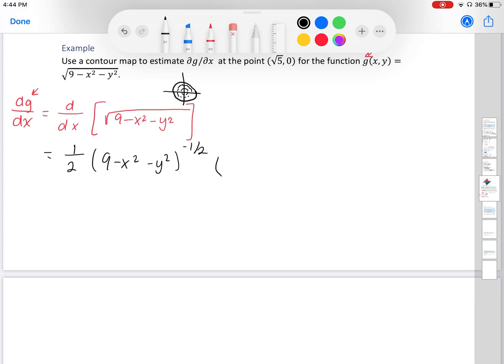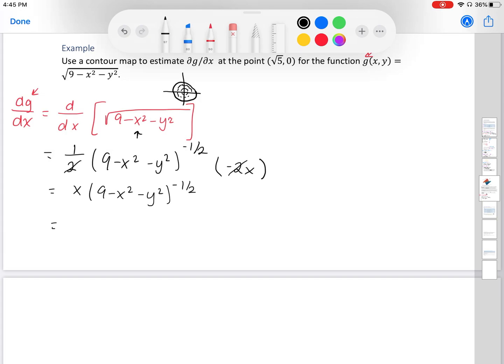So that would just be, we're working with x only. So the derivative of 9 is 0. The derivative of negative x squared is negative 2x. The derivative of y squared, well, y squared is just a constant, so it's 0. So we have, well, our 2 and that denominator 2 cancel out. So we're left with x times 9 minus x squared minus y squared to the negative 1/2.